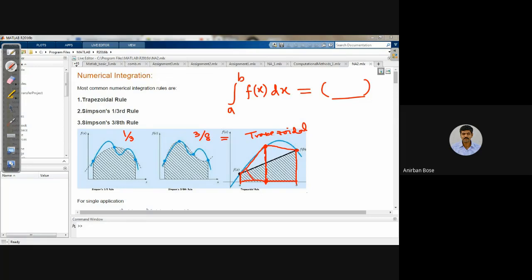Now you just add these two trapeziums, and that will be considered as the area under this curve.